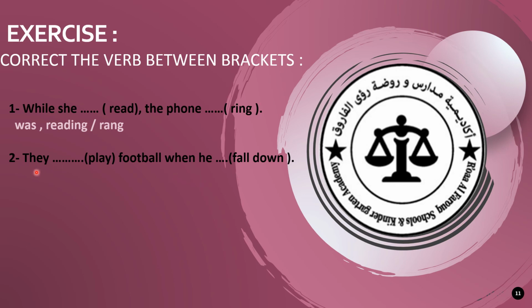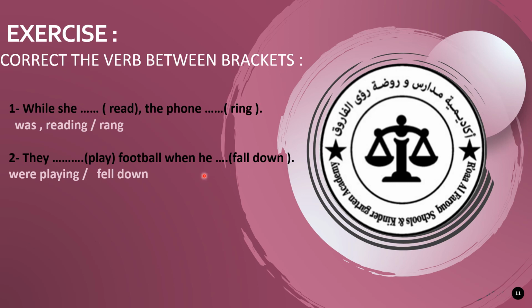So this sentence should be in the past continuous. They is a plural pronoun, so: they were playing football when he fell down. This is in the past continuous, and the other action is in simple past.